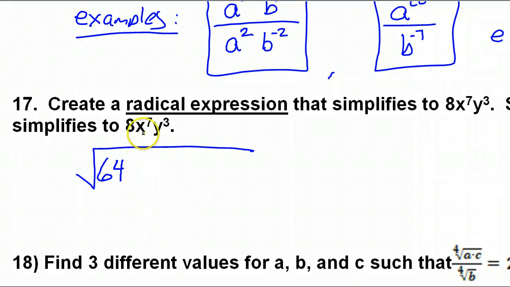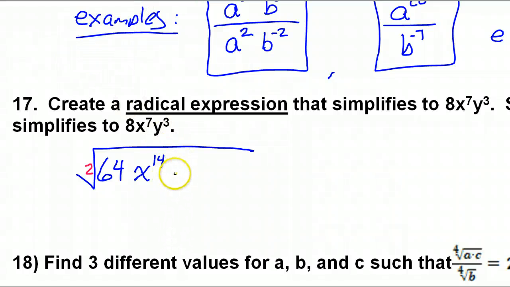Okay, if I want to get x to the 7th power, what would I have to put in here? Well, I'd have to put x to the 14th power, because remembering that for a square root, we divide by this invisible 2. So 14 divided by 2 would be 7. So what about the y's?